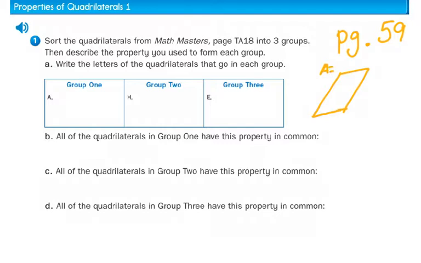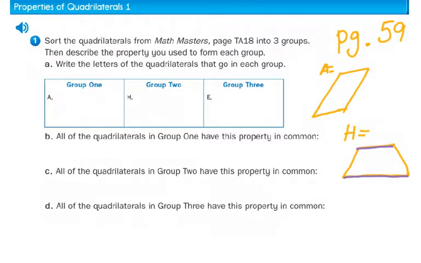Now take a look at shape H. Shape H is a trapezoid, and we've talked about trapezoids in previous lessons. I know it has 1 pair of parallel sides. The top and the bottom are parallel, like a pair of railroad tracks.